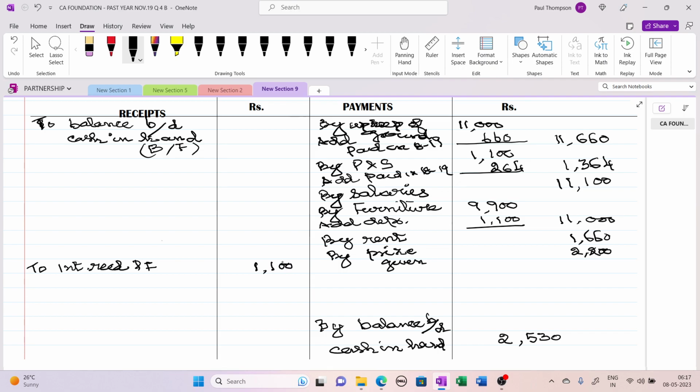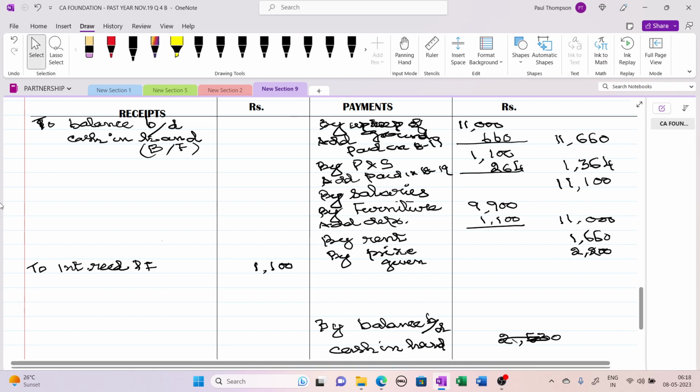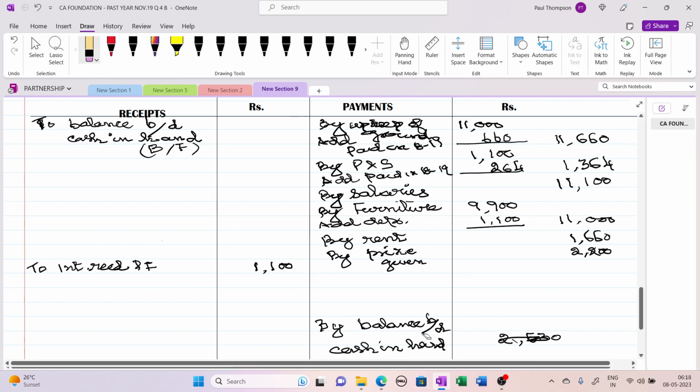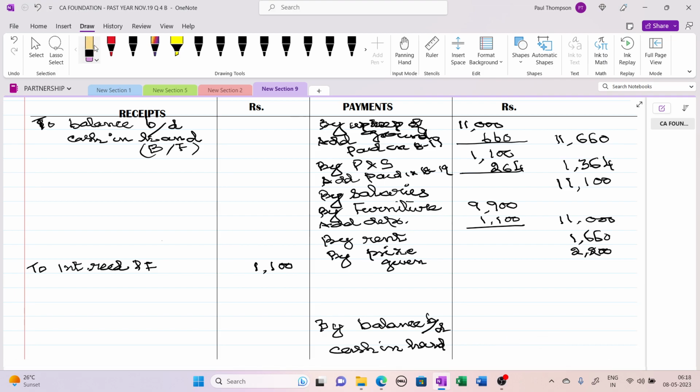So this item we have taken, and now cash in hand, I'll write it here. 2,530. Deficit will not appear anywhere.